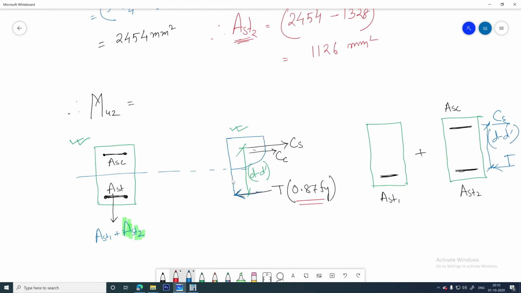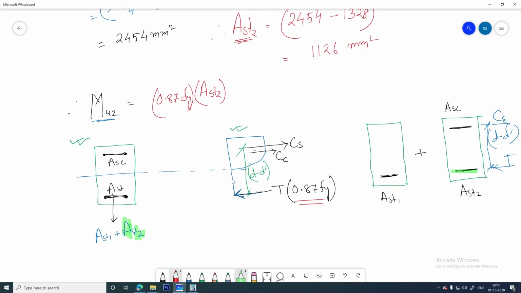Understand? So this moment MU2 can be written with this equation. Basically the concept is force into lever arm. What is force? That is stress into area. So the stress here is 0.87 Fy, multiplied with the area, that is AST2.